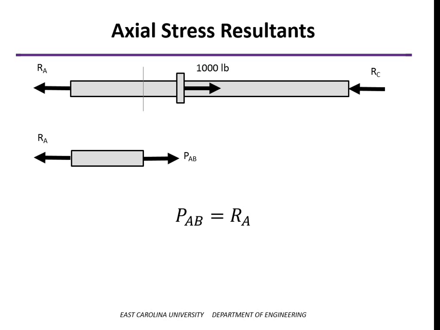If the reaction forces are in the direction that we've drawn them, which we assume they will be, then segment AB is going to be in tension, which again makes sense because the 1,000 pounds pulling to the right is going to pull on segment AB but compress segment BC.